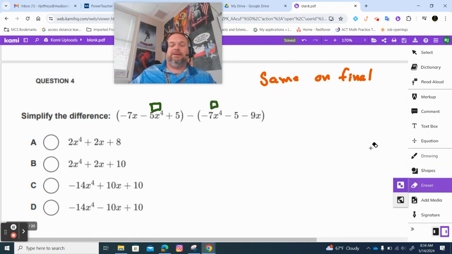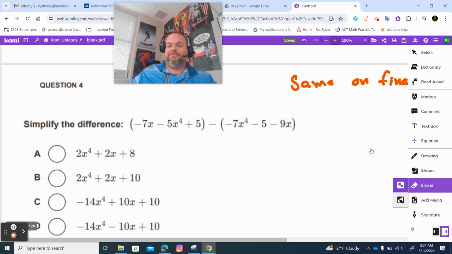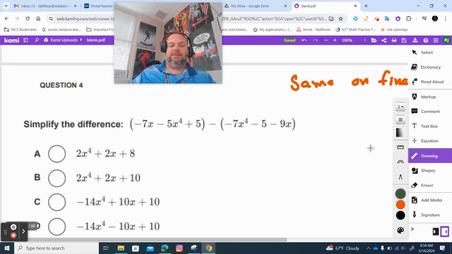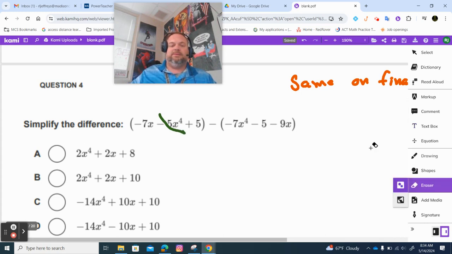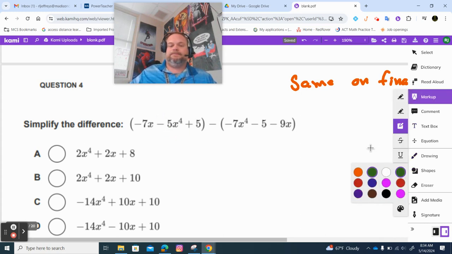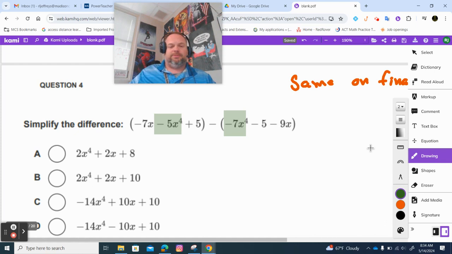All right, so this is what I meant to do. This minus -7.